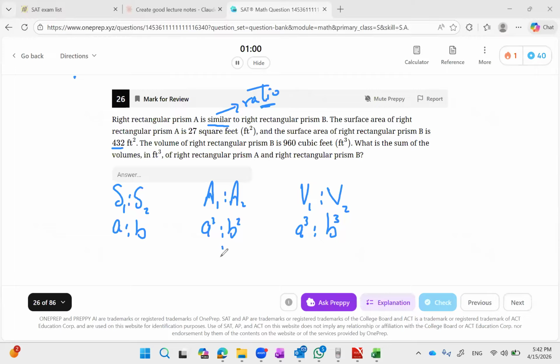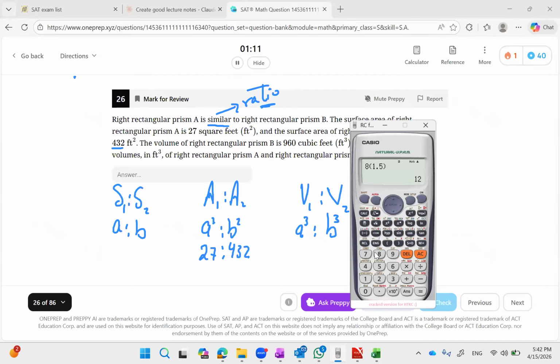So it gives me that the area of A is 27 and the area of B is 432. By using my scientific calculator, which I like more in solving the SAT than the TI-84, and my students disagree with me, 27 over 432 is 1 over 16. So the ratio here is 1 to 16.